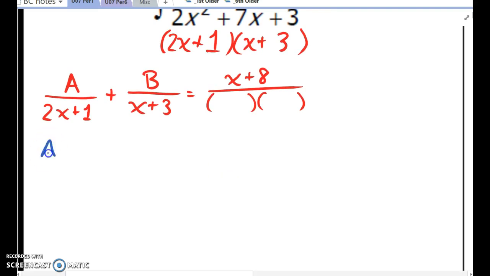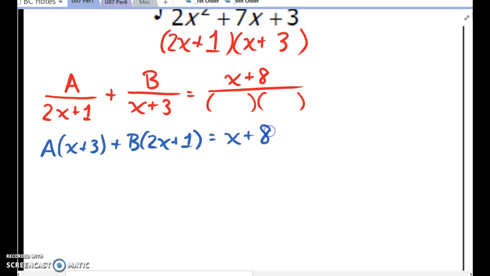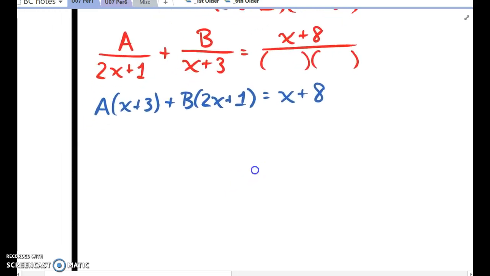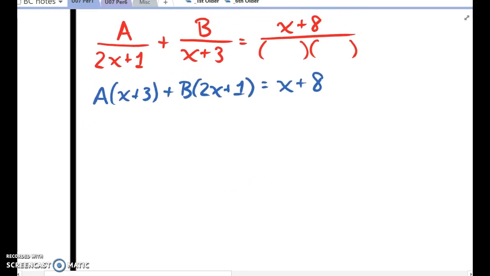Simplifying this a little bit, I have A times x plus 3 and B times 2x plus 1. That numerator on the left needs to equal the numerator on the right. Here again, I'm working with coefficients or doing the Heaviside method. Either one would work just fine. We did the previous one with Heaviside, so I'll do this one with the coefficients trick.